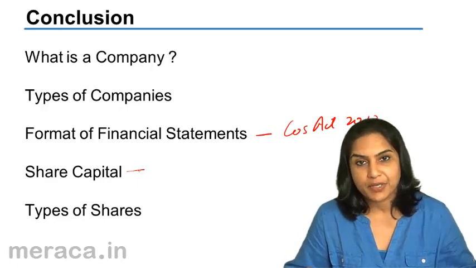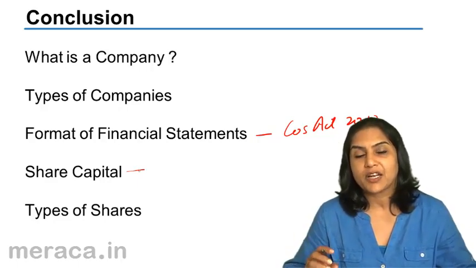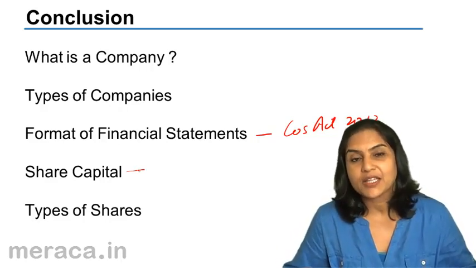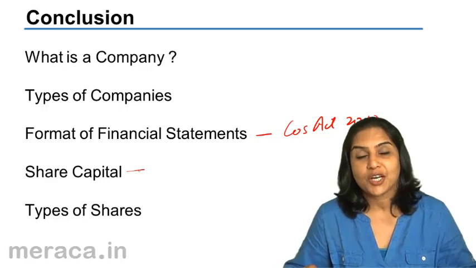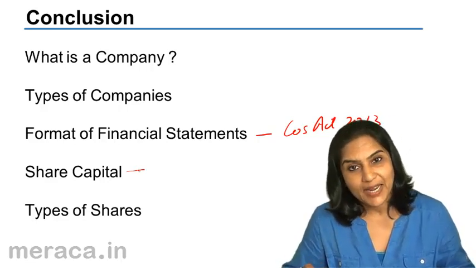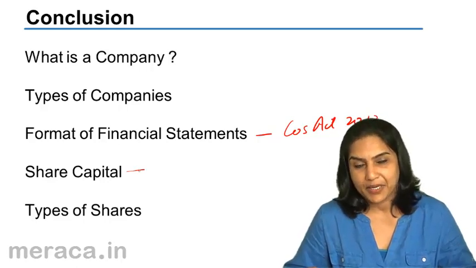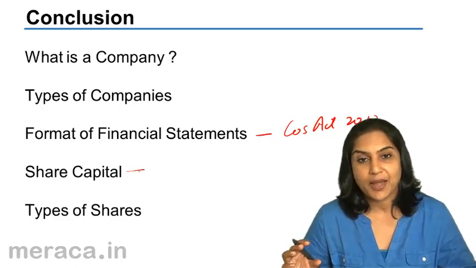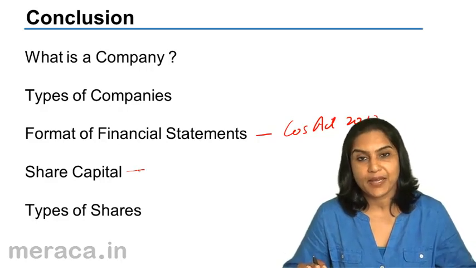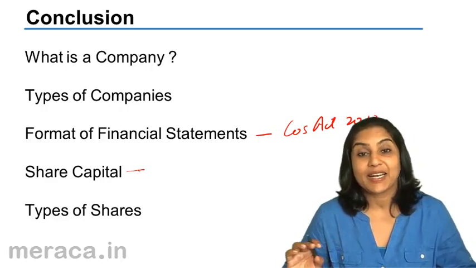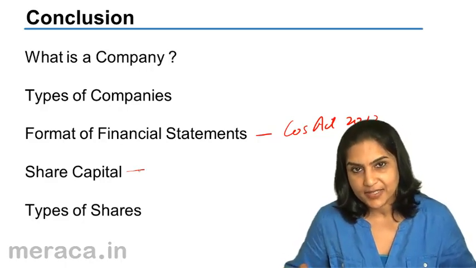With the issued capital being the nominal value of the shares issued to the public. Subscribed capital being the nominal value of the shares which are subscribed by the public and allotted to them. And then we did called up capital, that is that portion of the capital which has actually been called up by the company, and paid up capital being called up capital less calls in arrears.